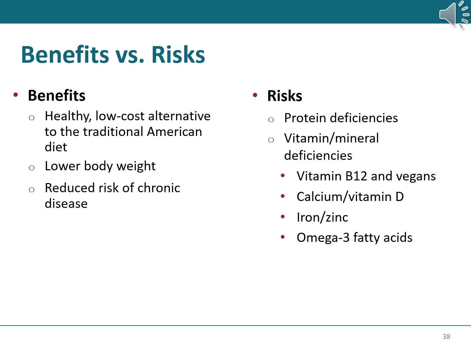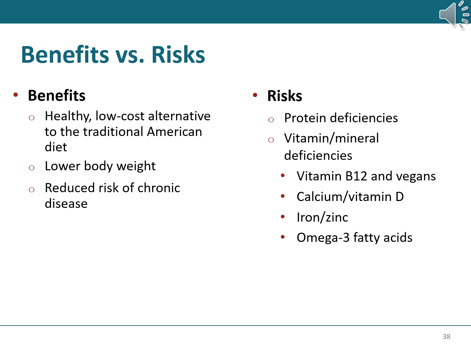So let's take a look at benefits versus risks for a vegetarian versus animal-based diet. Vegetarian diets tend to be healthier, low-cost alternatives to traditional American diets if done correctly. I've seen many people who are vegetarian or vegan exclude animal products, but still put their meals together in a way that minimizes variety and also incorporates very high amounts of carbohydrates, salt, and sodium.